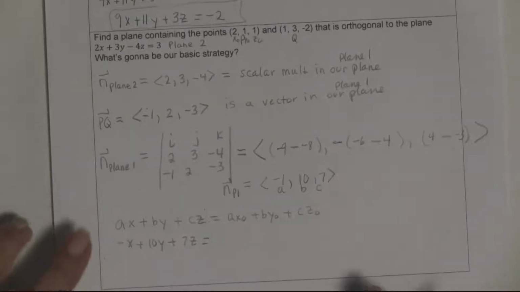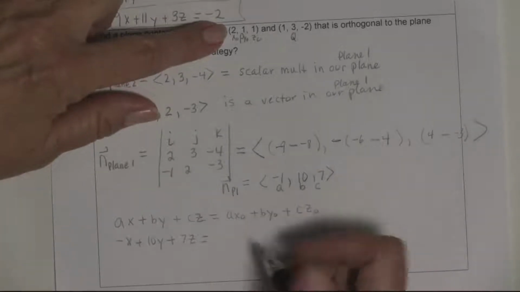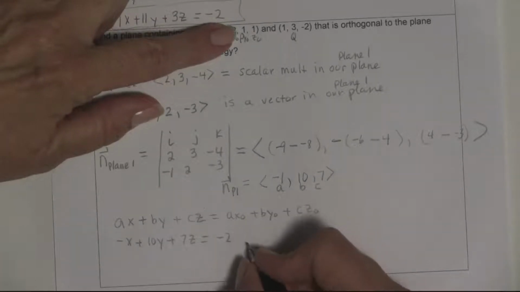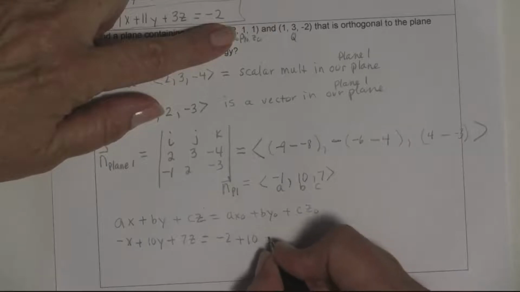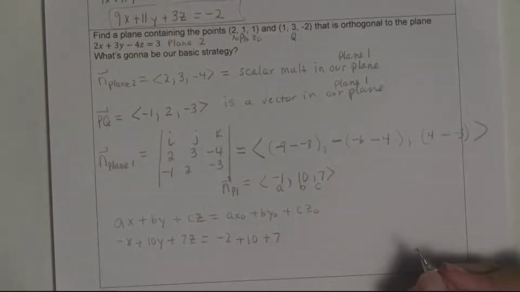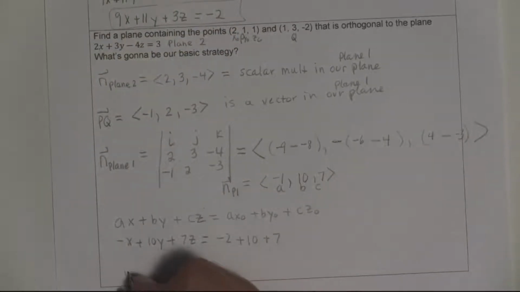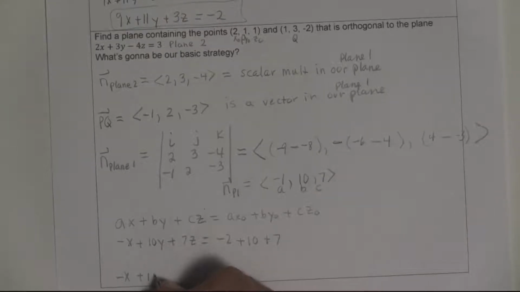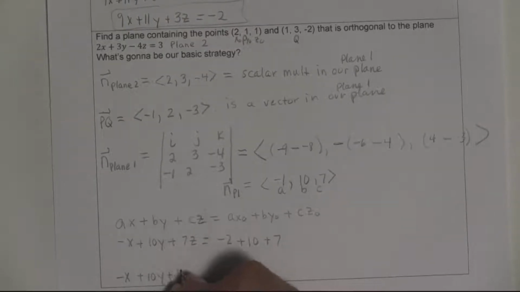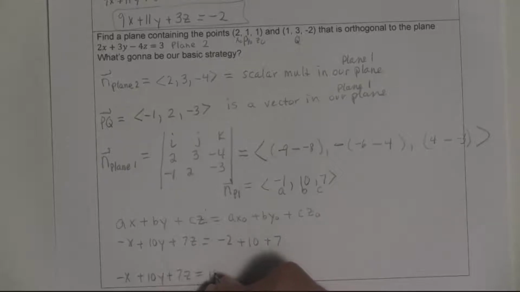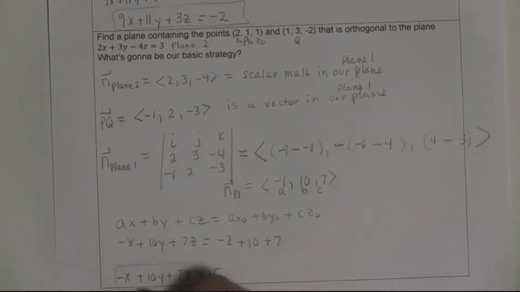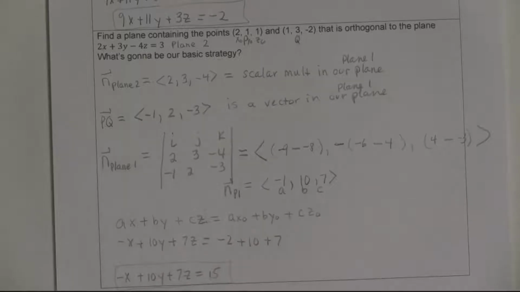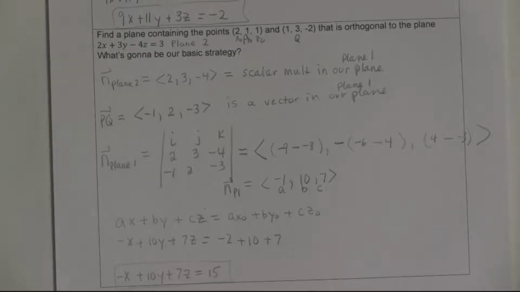And so this is -1x, or negative x, plus 10y, plus 7z, equals, and then multiplying these together, -2, +10, +7, and 17 take away 2 is 15, I think. And we did an excellent job on that one.